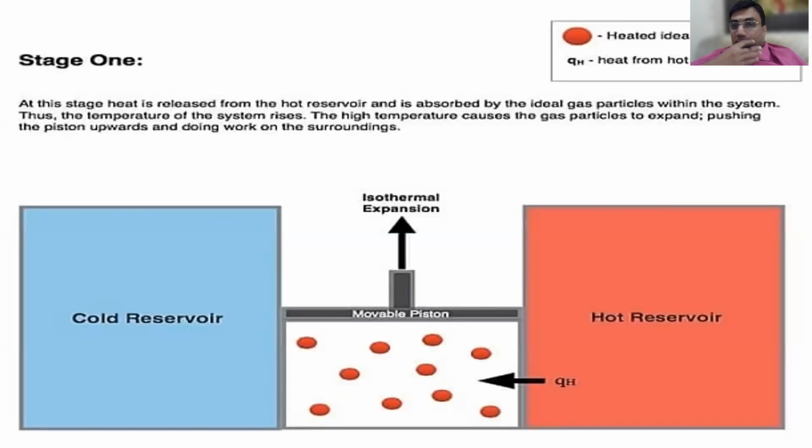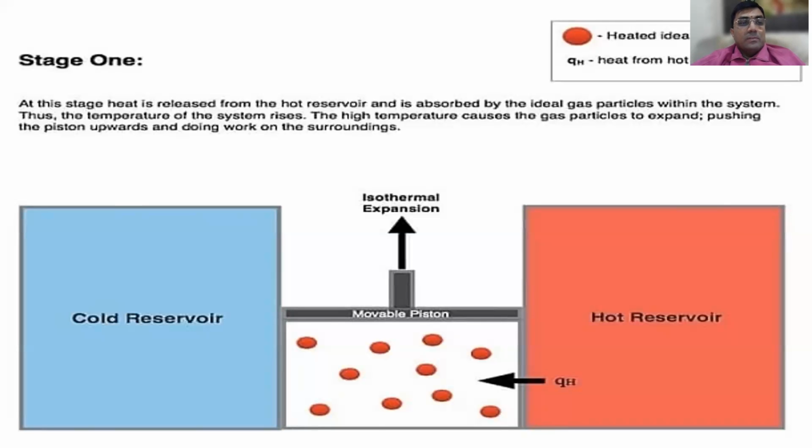So let us see. His Carnot cycle basically consists of four steps. One is isothermal expansion. This is the first step.